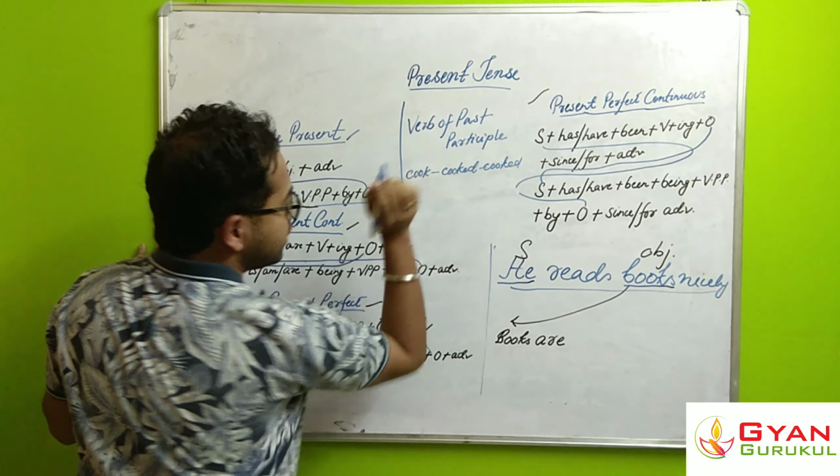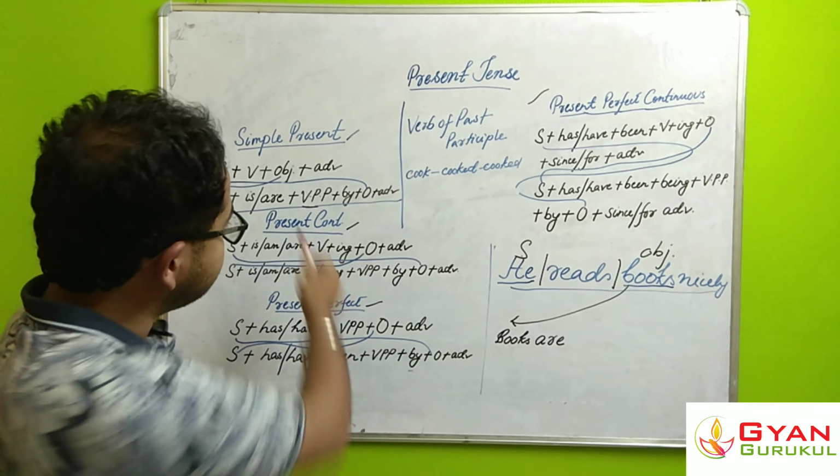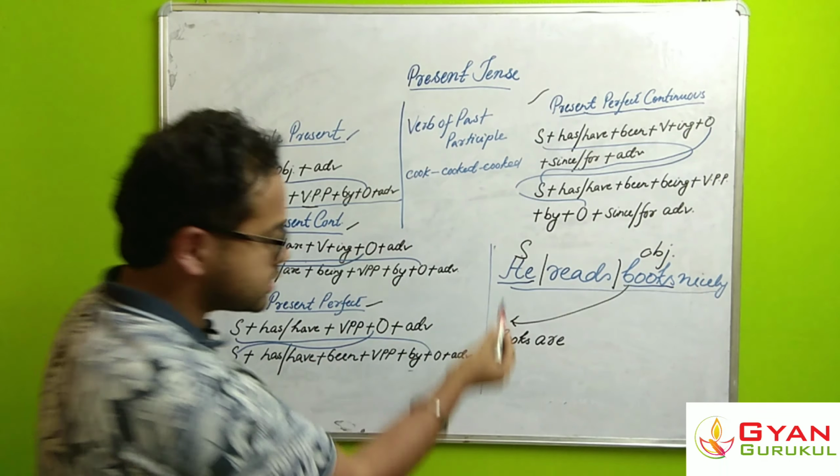But the interesting thing is that there are certain verbs which do not change. In this case, the verb read doesn't take any change while you are converting it into past tense or verb of past participle. So since read doesn't change, books are, we need to put VPP, but since read doesn't change, we have to put it as read only. Books are read. Then we have to go for by.